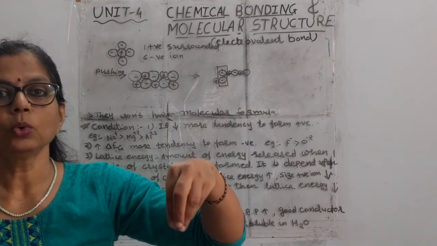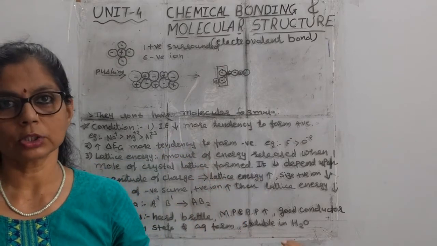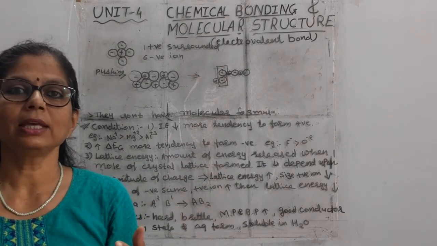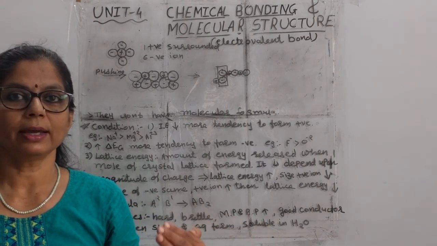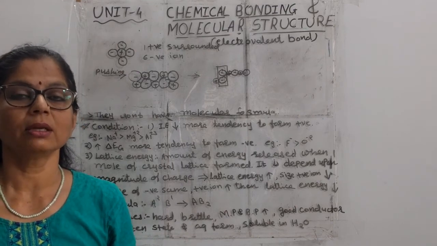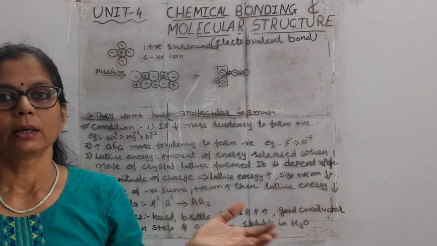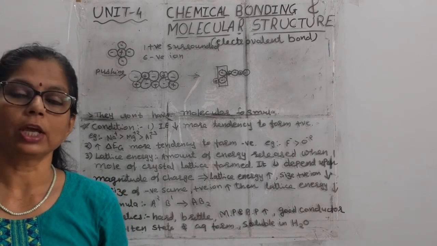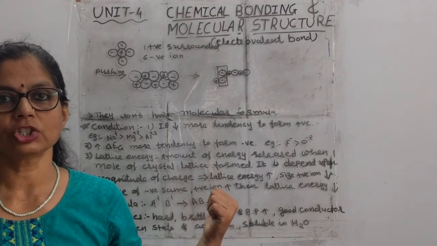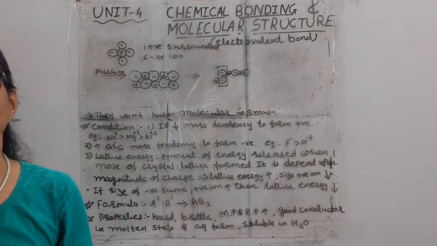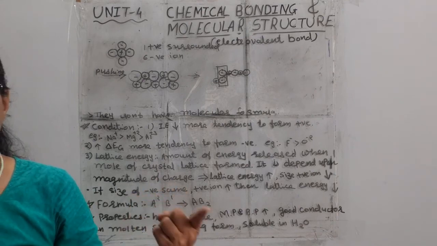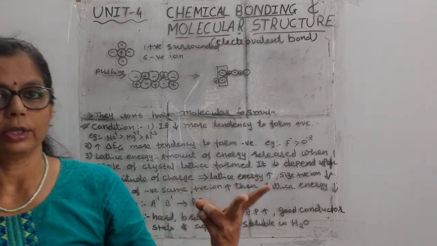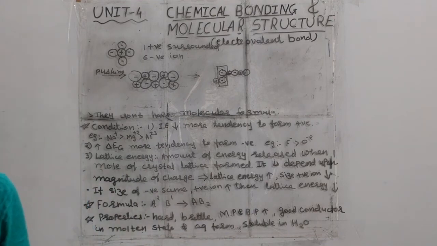But when you dissolve this NaCl, Na plus and Cl minus become free. Means cation and anion are in the free state. So they behave as a good conductor. So these crystal structures or ionic compounds are good conductors in the aqueous state and in the molten state. And as you know, they are very soluble in water.